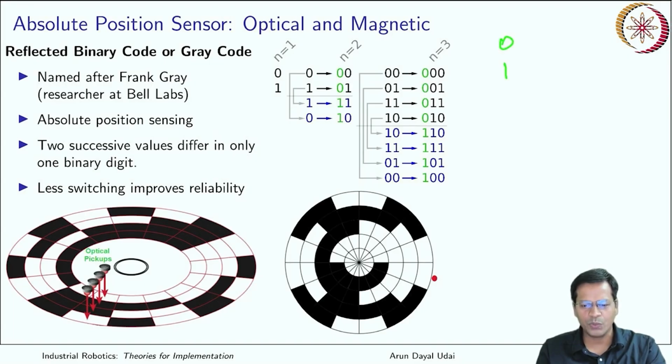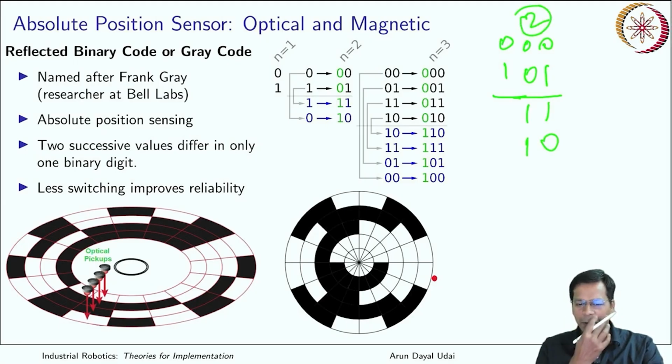Next you do 0, 1 and 1, 0. You just mirror about this line, and then you add 0 here and 1 here. So this gives you a gray code of 2 bits.